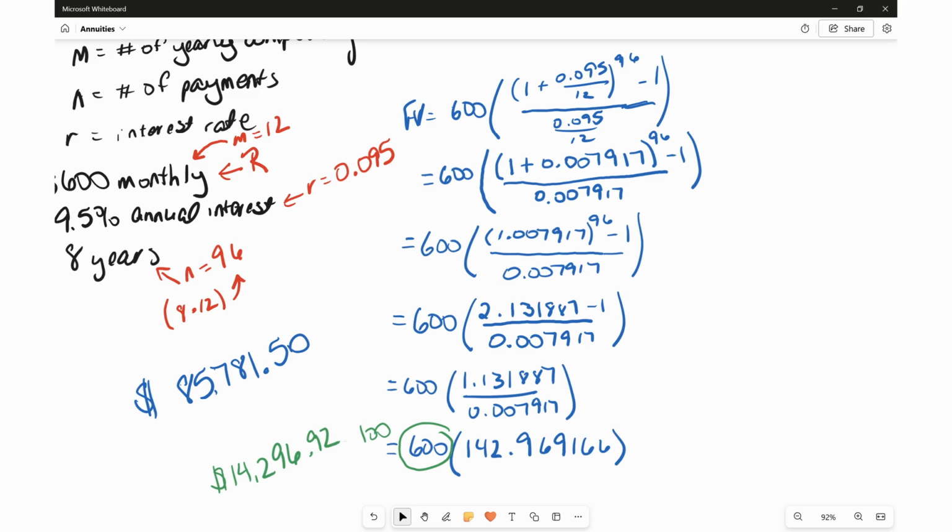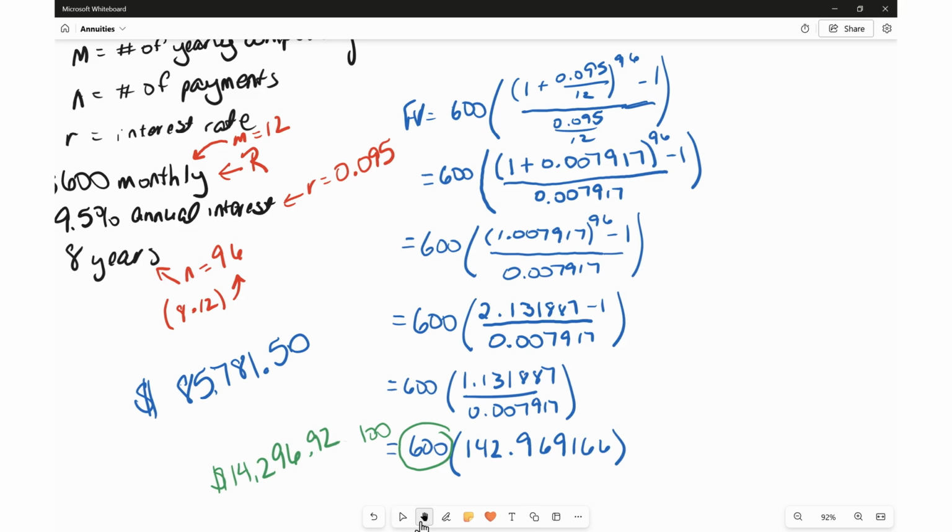And you can shop around for annuities and get different interest rates. But it's a great way to invest your money to save for large purchases, such as a 4 year or more education, or possibly the purchase of a new home. So that is everything about annuities.